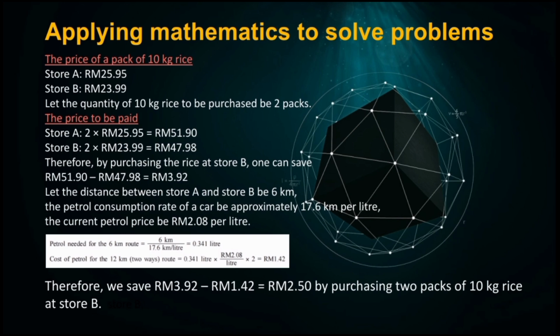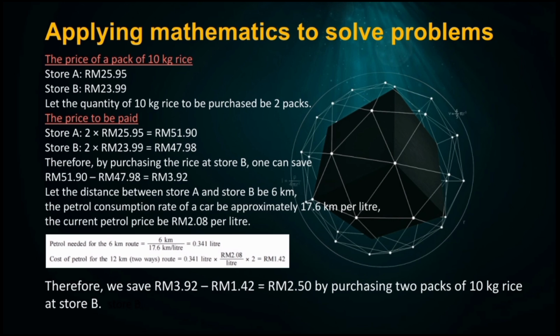Store A: 2 times RM 25.95 equals RM 51.90. Store B: 2 times RM 23.99 equals RM 47.98.